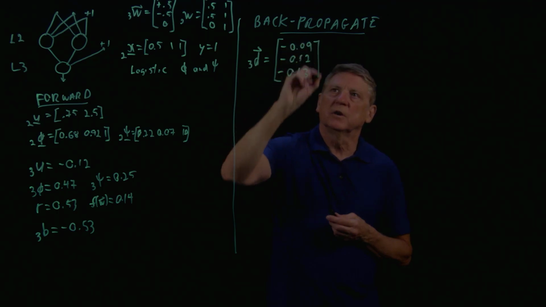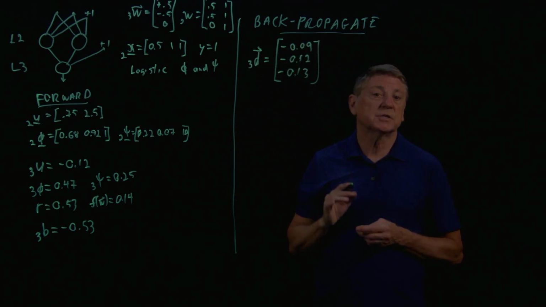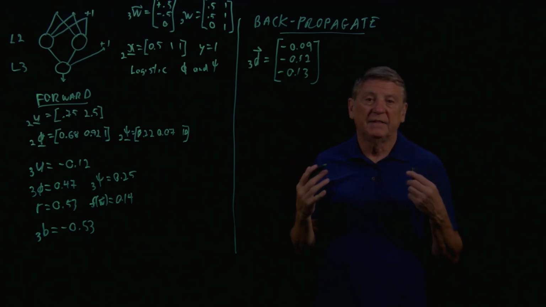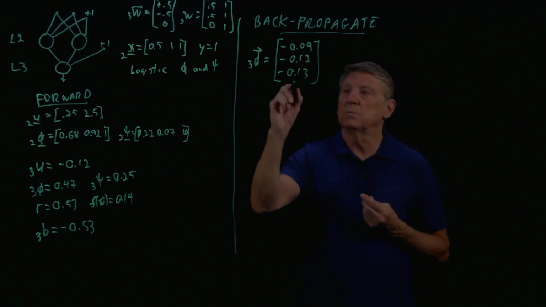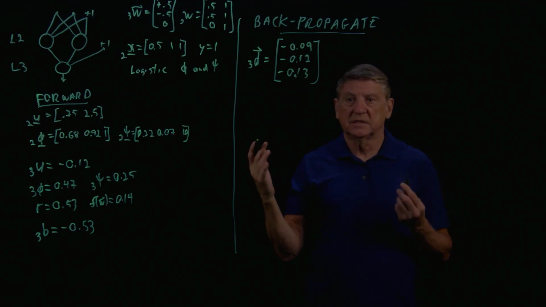Now, of course, there are actually many more decimal places that are really, really important. This is just to illustrate, and this way you can cross-check your computations. So that tells us the descent.